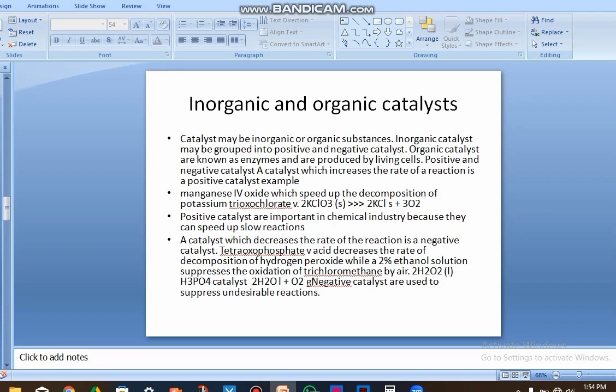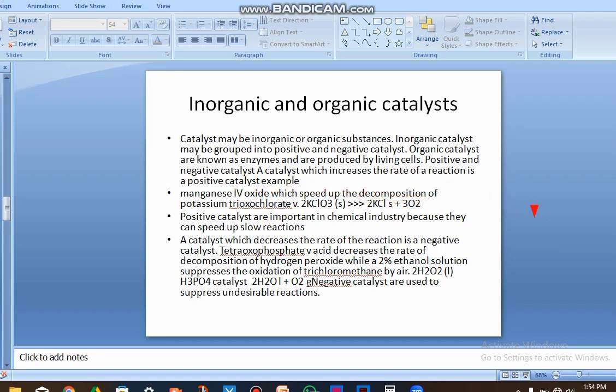Look at this. We are starting from here. Positive and negative catalysts. A catalyst which increases the rate of a reaction is a positive catalyst.